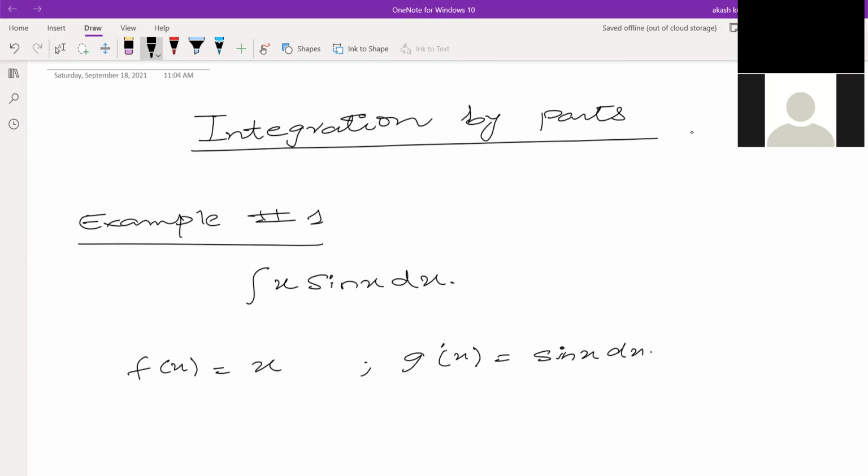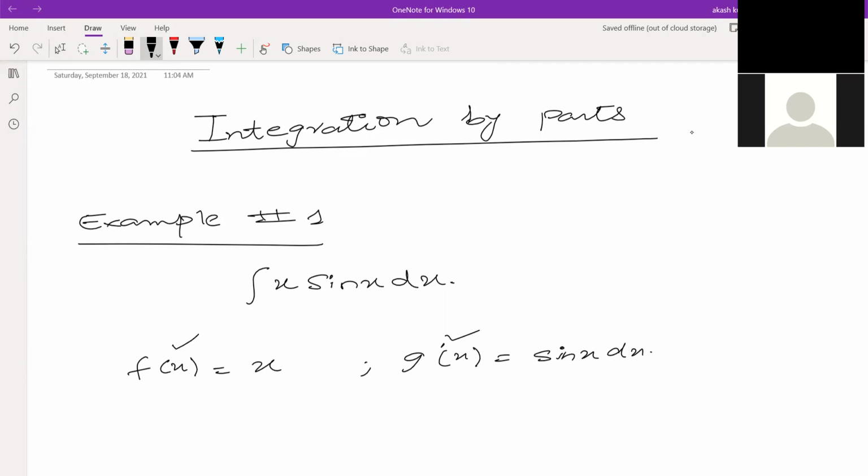Can you please repeat your question? So like, what's the first step with integration? Yeah, if you are using the method of integration by parts, then our first step is to identify what is f of x and what is g dash of x.